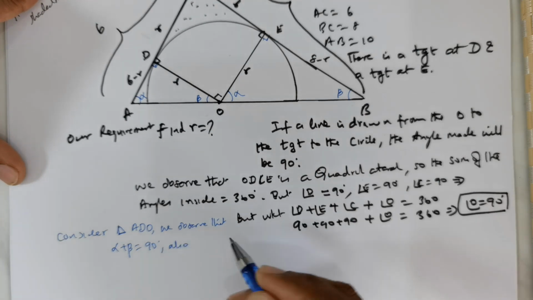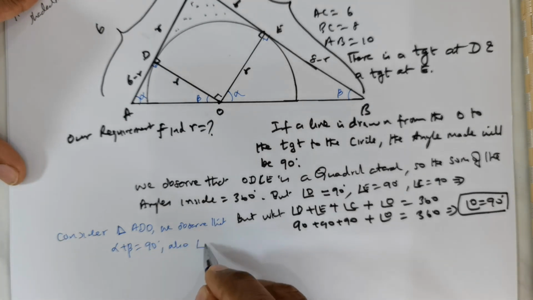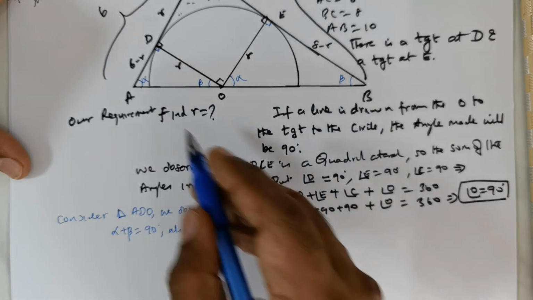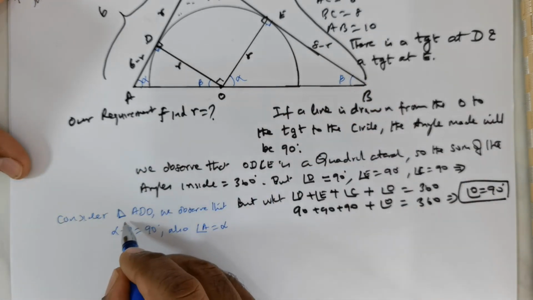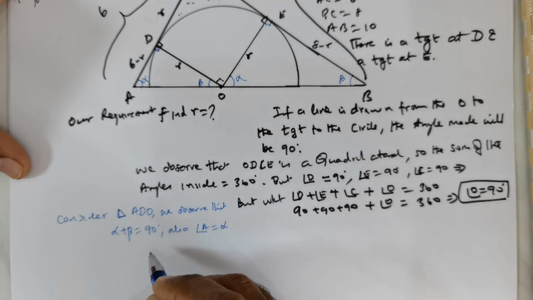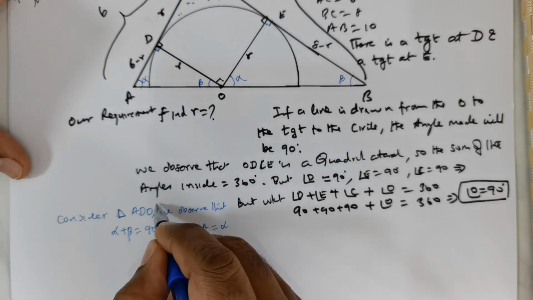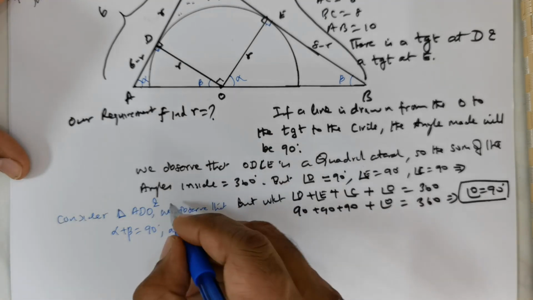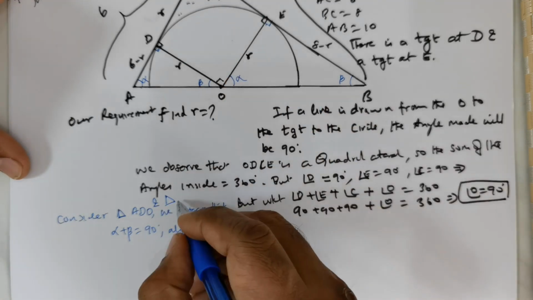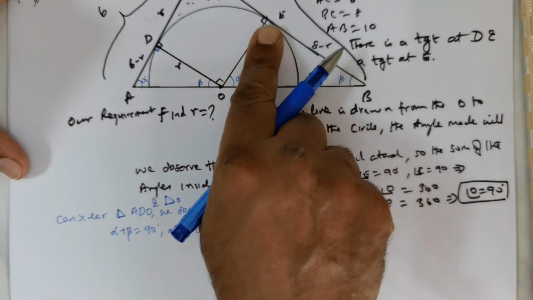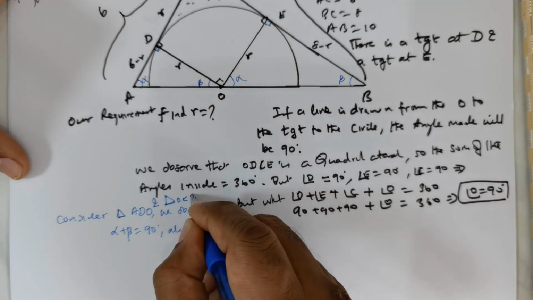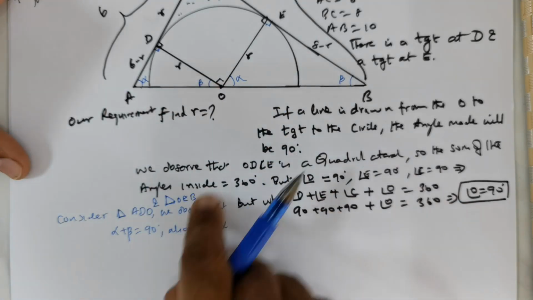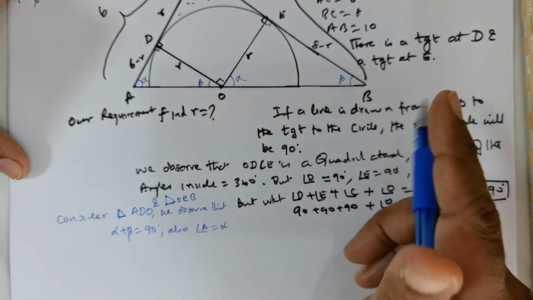Also, what do we observe? Angle at A is equal to alpha. If you were to consider triangle ADO, and I'm adding one more joint there, and triangle OEB, in both the cases alpha with beta will be 90.